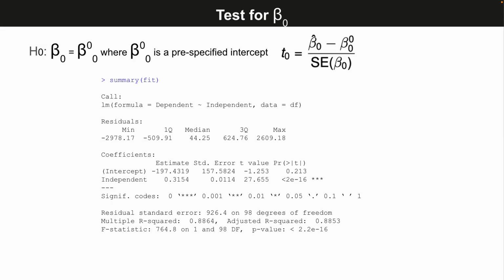So let's take an example. Let's say the 95% confidence interval of beta 1 is minus 2.5 to 2.5. What does it mean? And what can you tell me about the relationship between x and y?